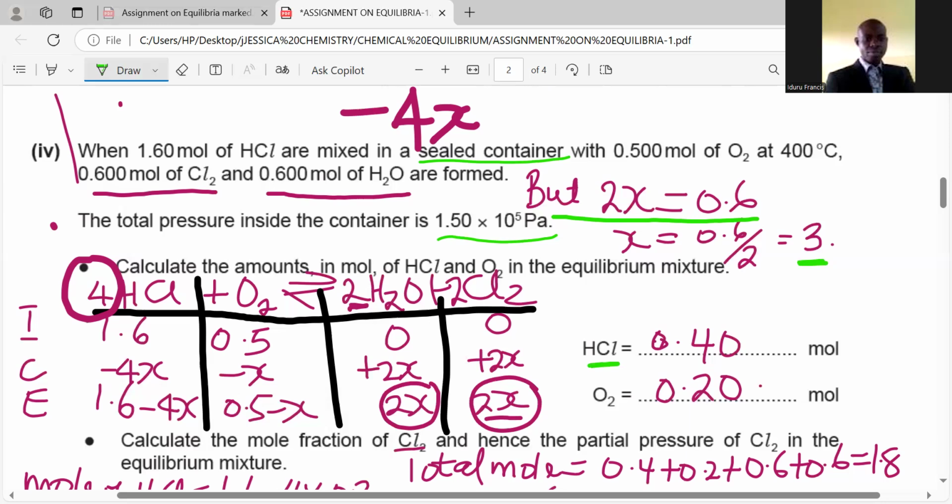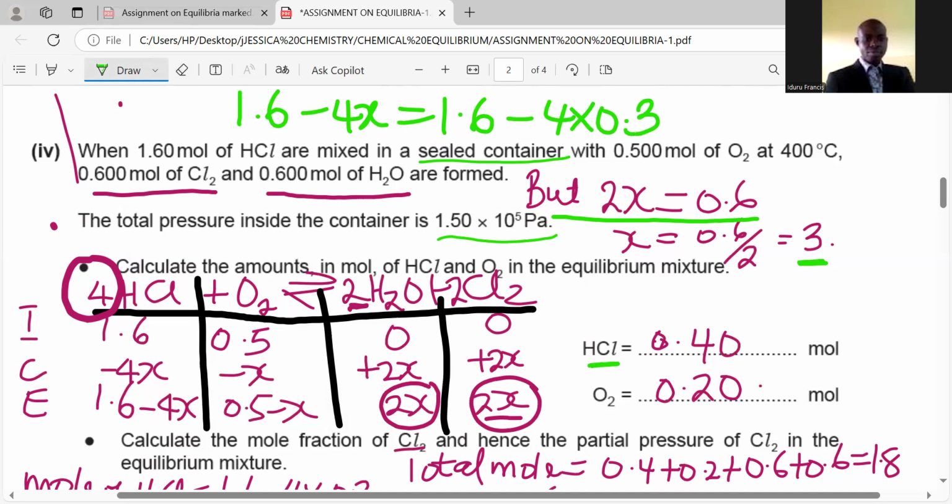It is 1.6 minus 4x. Since we know x, I'm going to say 1.6 minus 4 times 0.3. If you do that math very well, you're going to have 0.4 as the mole of HCl at equilibrium.